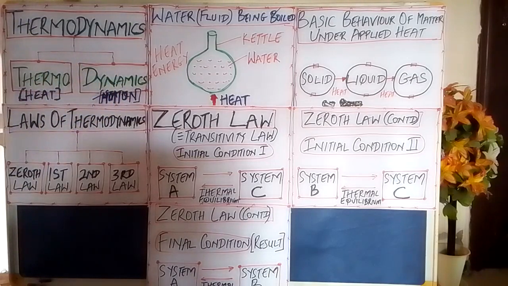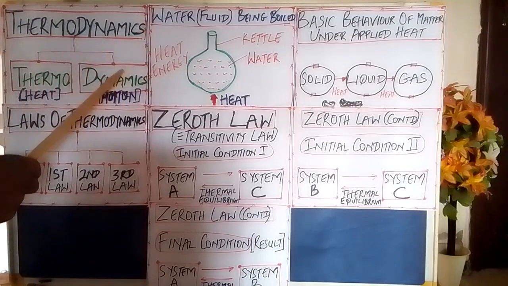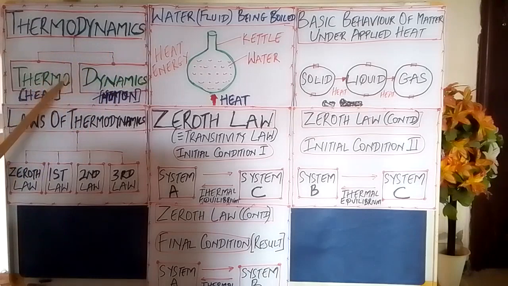Another field of physical science in which thermodynamics is studied, another word for the field of study that deals with thermodynamics, is statistical physics. As the name implies, there are a lot of statistical principles and probability measures involved in studying motion of this type. So thermodynamics is the dynamics of thermal systems.